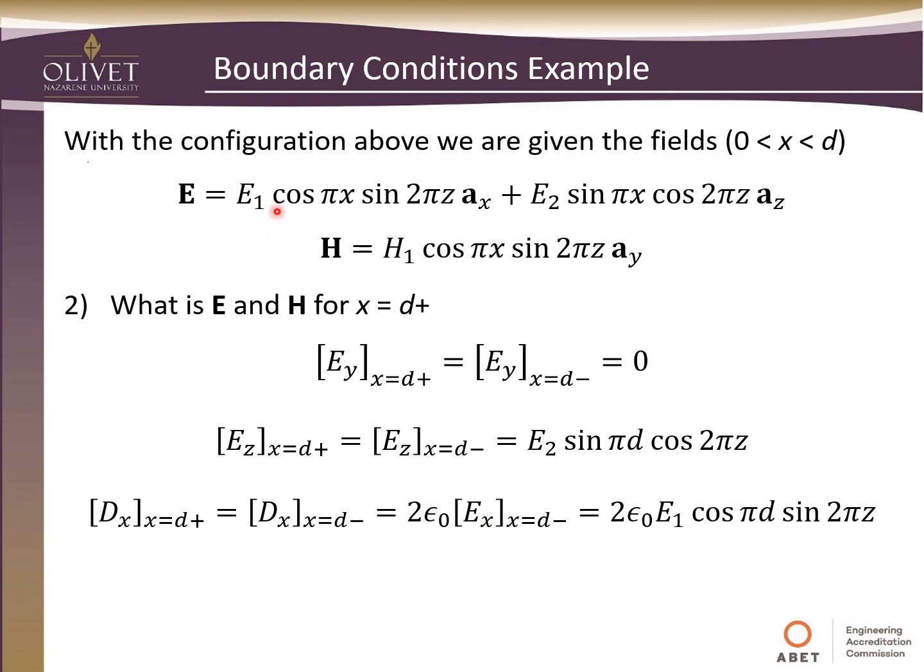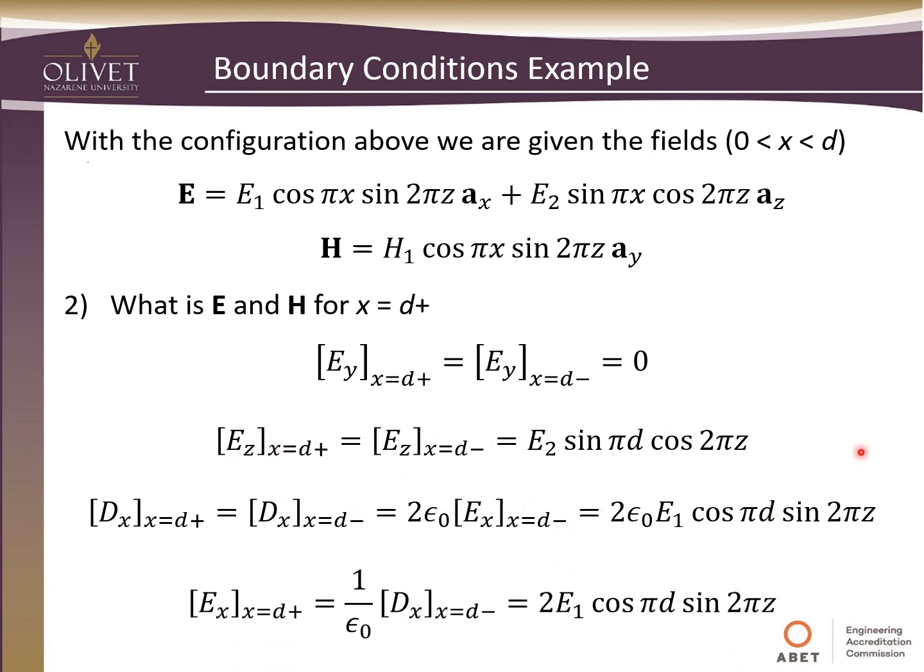So, because the x component's the only part that's normal. This part, we don't know what the relationship on the boundary is, but we know this normal component, what it'll be. And so that becomes 2 epsilon naught E1 cosine pi d. So we put in d for the x value, sine pi z. And so we have our tangential component and we have our normal component here.